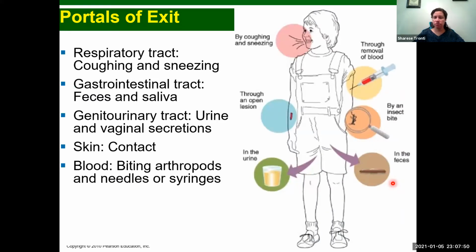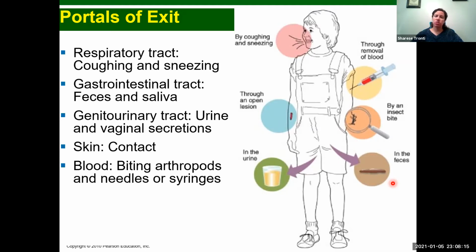And then lastly, after all of this, the microbe is going to exit and go infect a new host. It's usually going to exit through the same portal that it entered through. So if a microbe entered through the respiratory tract, then it's also going to exit that way through coughing and sneezing.